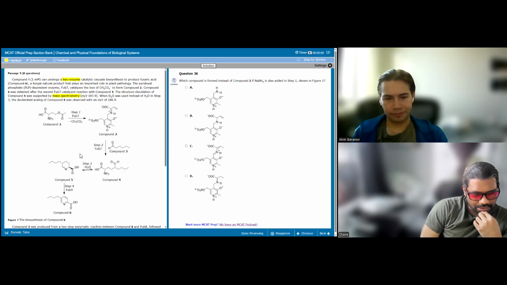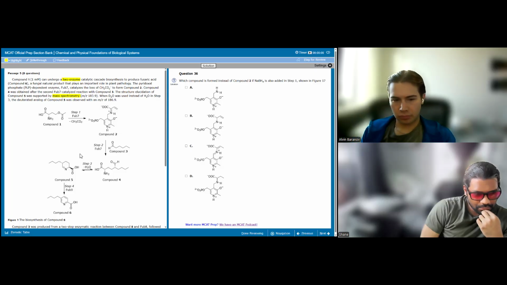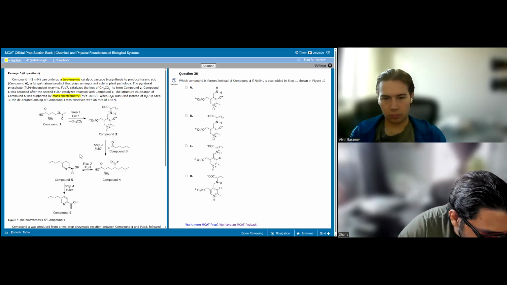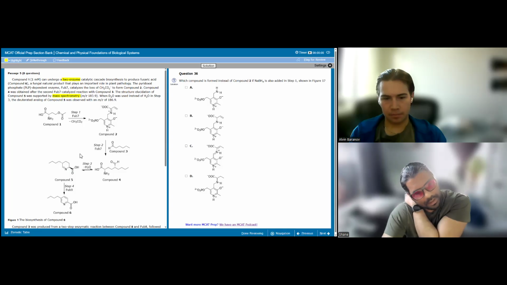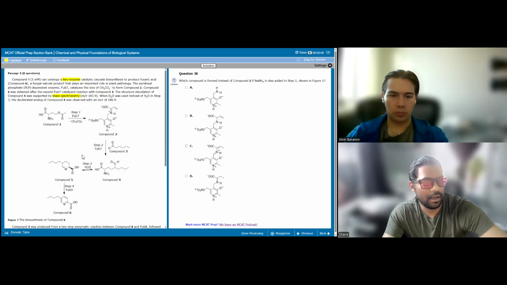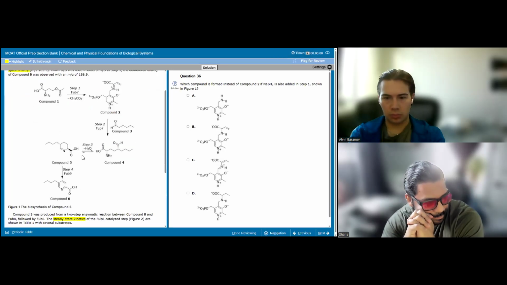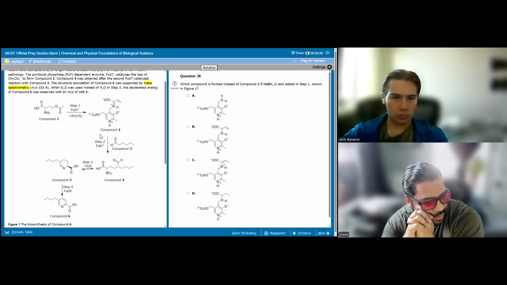In this one, it seems like the nitrogen is part of the ring, and there's a dehydration synthesis, I guess.